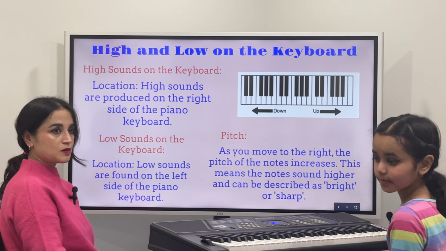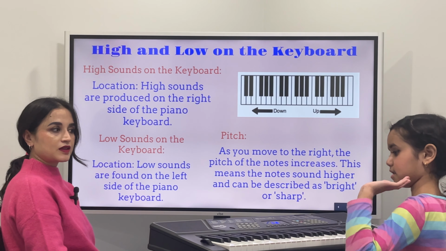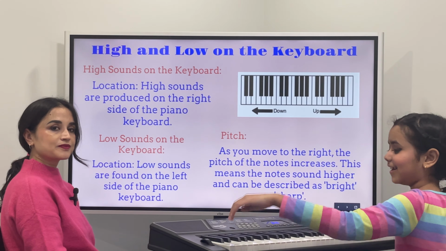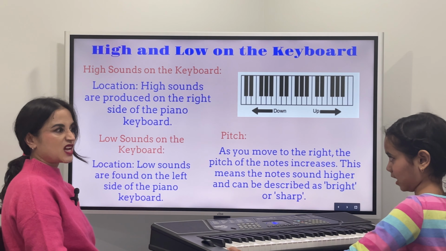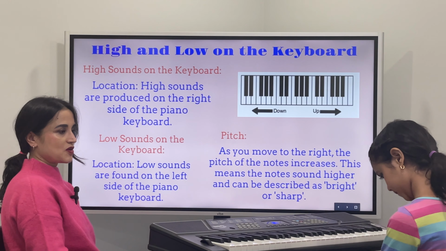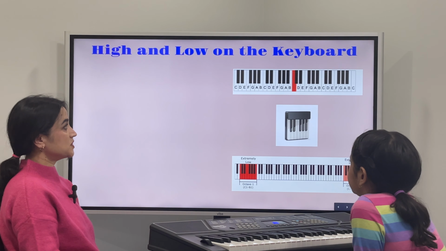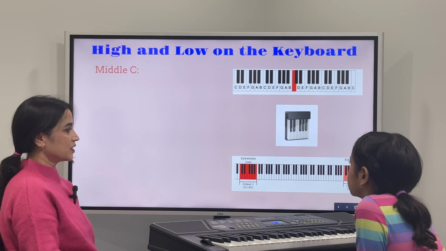Very sharp sound. Then on the left side, the last key, that's the rough sound. So it's about high pitch and low pitch.